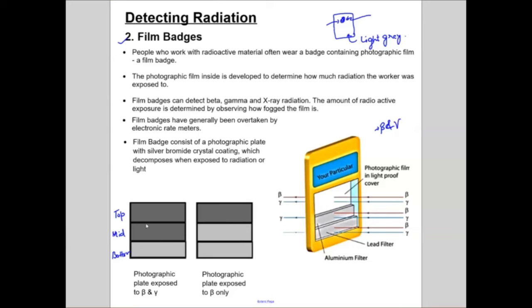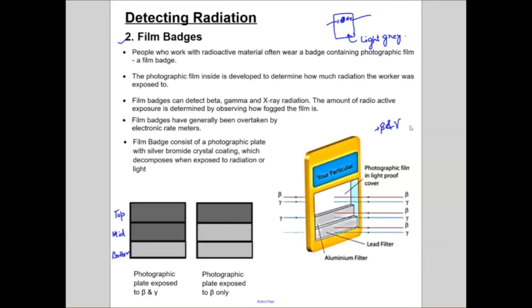So the film will be exposed and turn a little darker. However, the bottom section would be light gray. I could not find a lighter shade of gray while making this figure, but it's generally lighter than the shade which I have shown here. So the bottom section would remain light gray.